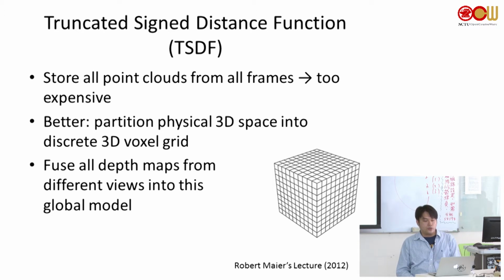Suppose we want to store all point clouds from all frames. Just like what we mentioned, it's way too expensive. A better way is to do some partitioning in 3D so that we have a discrete 3D voxel grid. When we have multiple views, we could try to merge them, to fuse them together in some way. And over here, the data structure is like a 3D volume. You could see those cells over here.